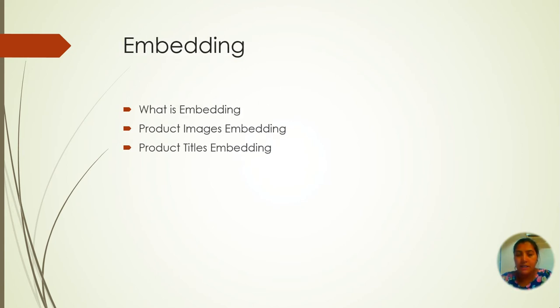And then embeddings come into the picture. An embedding is nothing but a representation of the vector. Many vector techniques are available in machine learning, but we use selected techniques to convert the product images into a numerical format and the product title into the embedding format.